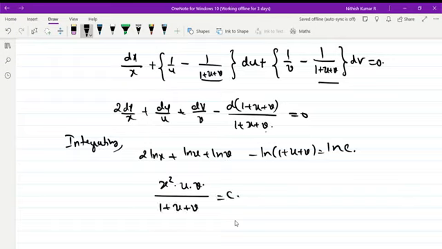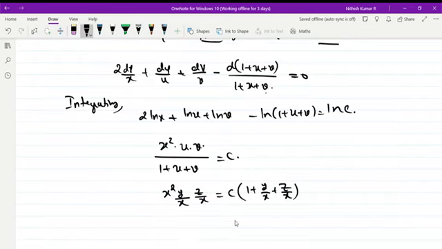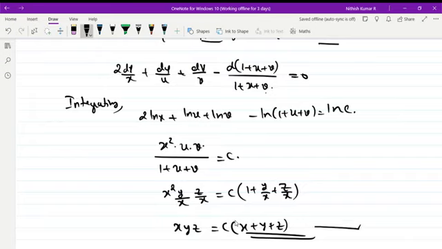Now substituting u as y by x and v as z by x, and 1 plus u as 1 plus y by x plus z by x, rearranging we get xyz equal to c into (x plus y plus z), which is the required solution of my given differential equation.